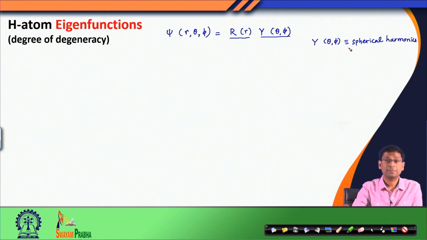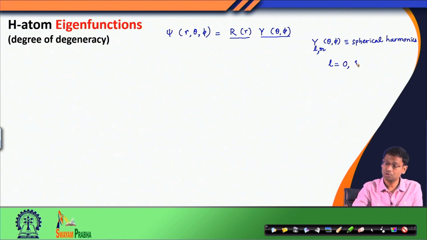where, if you remember, these spherical harmonics depend on two different indices, L and M, and the L value can be either integer or half integer. However, since we are discussing the problem of orbital angular momentum of the electron, where the electron is orbiting around the nucleus, the only allowed values of angular momentum are integer, but not half integer.